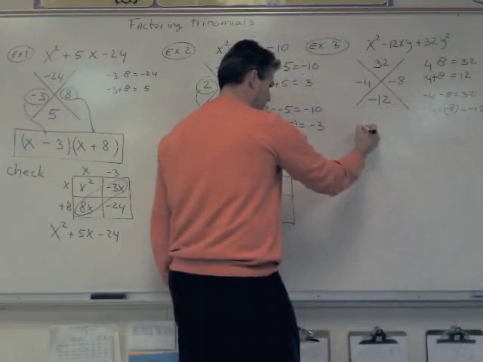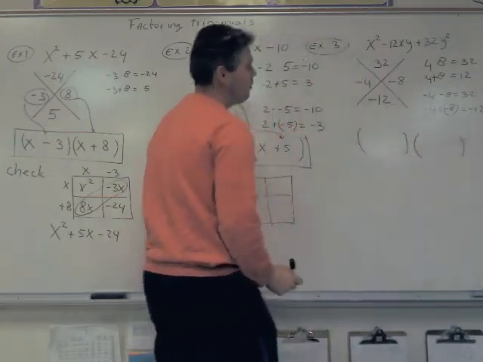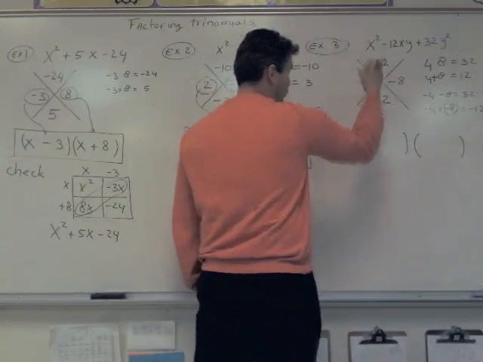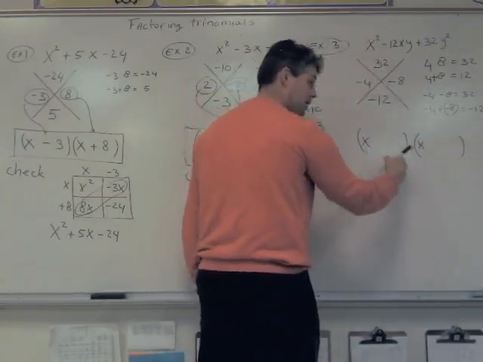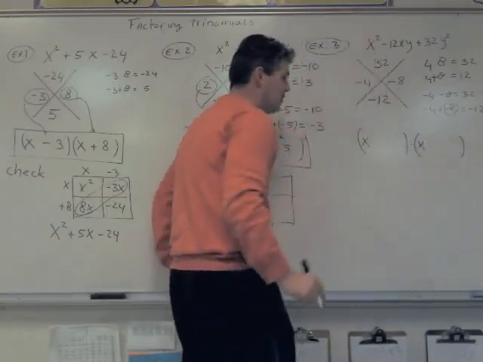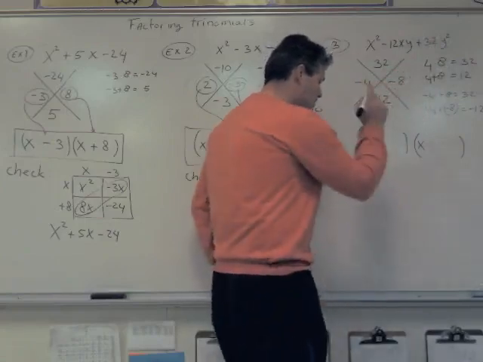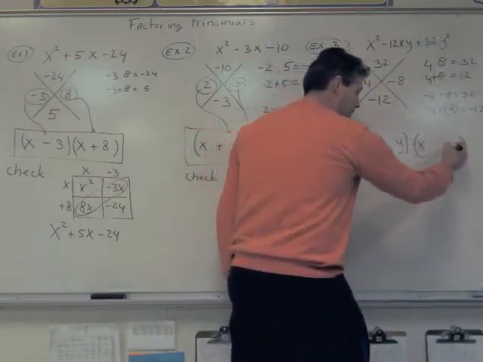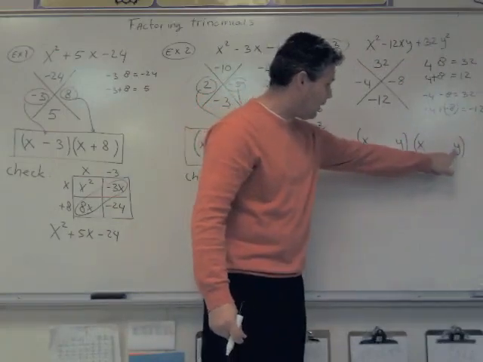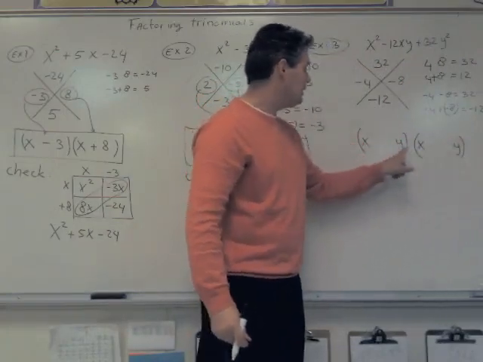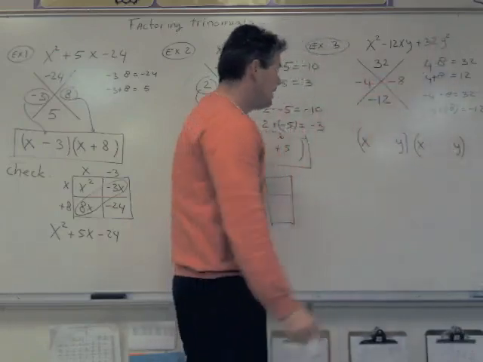Now, let's write our product, the two binomials here. Well, my first term is an x squared. I get that by multiplying these two, I get the x squared. Now, if you notice, my last term is a y squared. The only way I'm going to get a y squared in the last term is if I multiply y times y here in the second term of each binomial, and that gives you y squared.